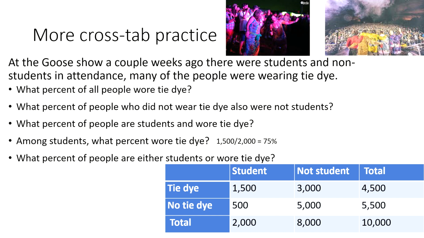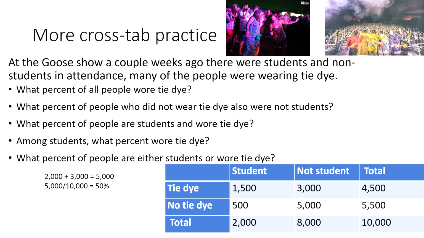And it's important to add it up in this way because if you just used the totals, you would be double counting those students that wore tie-dye, and you only want to count them once. And so you're going to take that 2,000, which is the 1,500 plus 500, and you're just adding the 3,000 non-students that wore tie-dye.